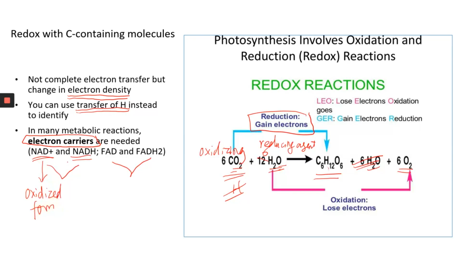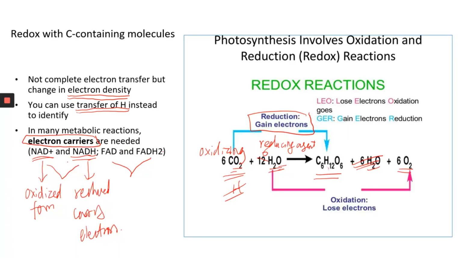It's not carrying any electrons currently. And when you pass the electrons and the hydrogen atom to NAD plus, it becomes NADH. So now it's reduced, and it's currently carrying electrons.